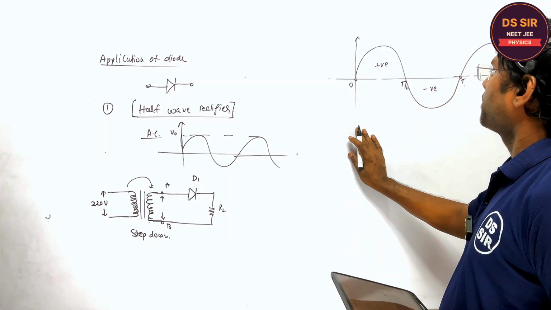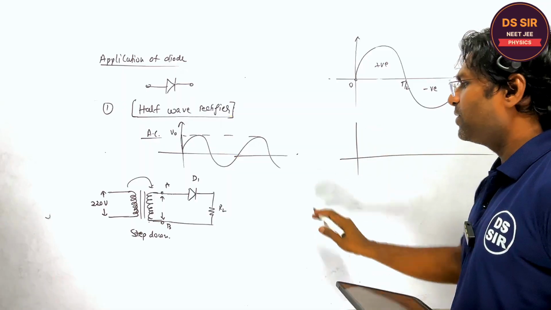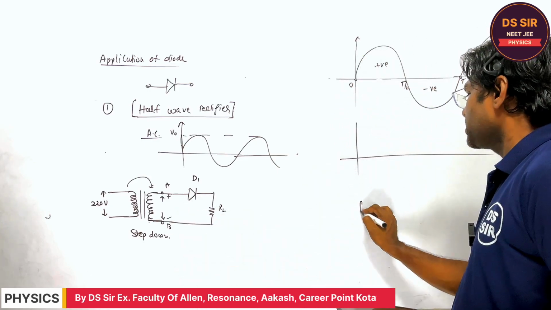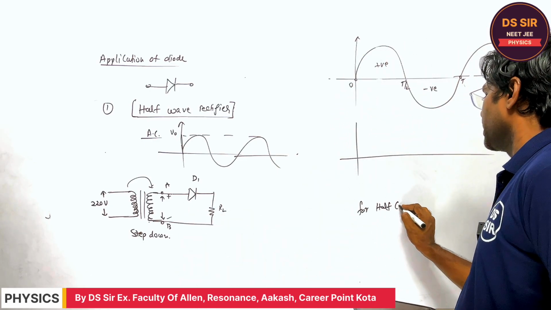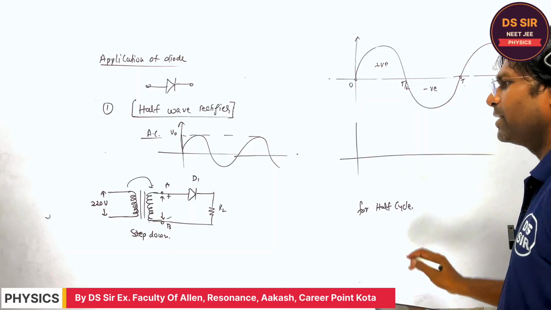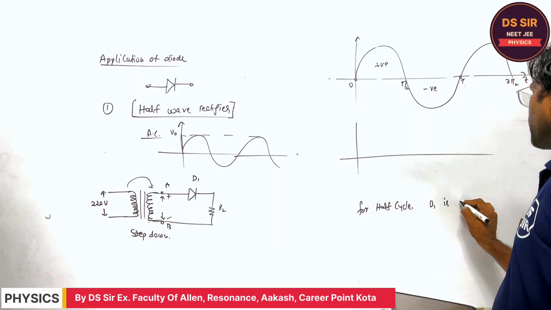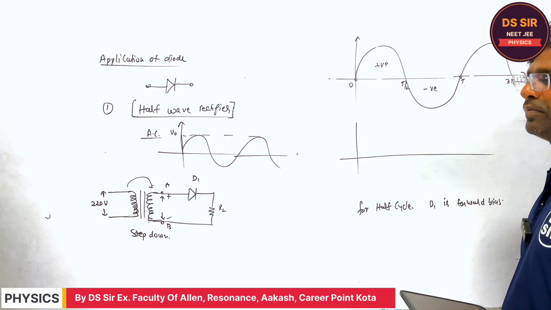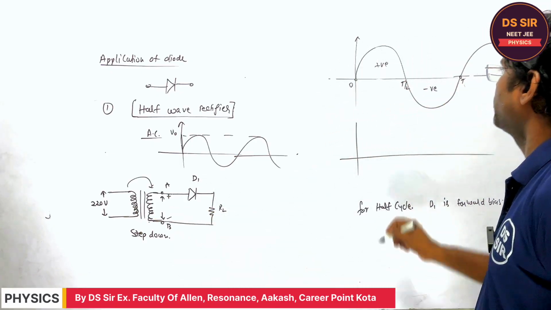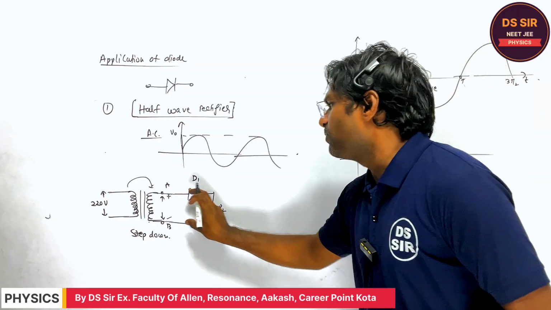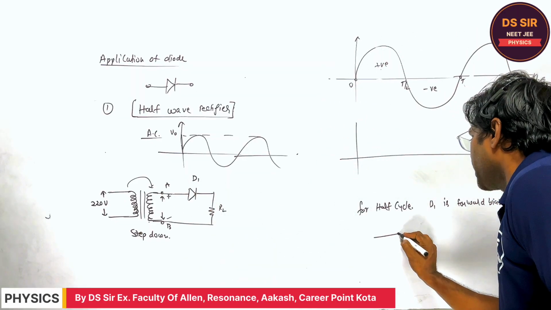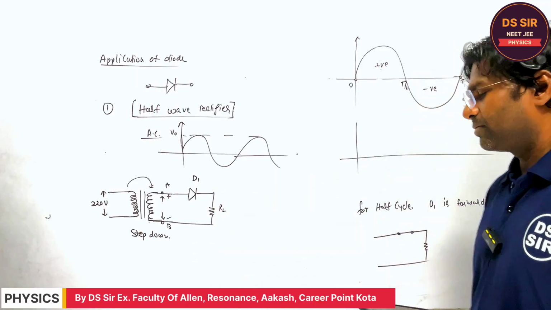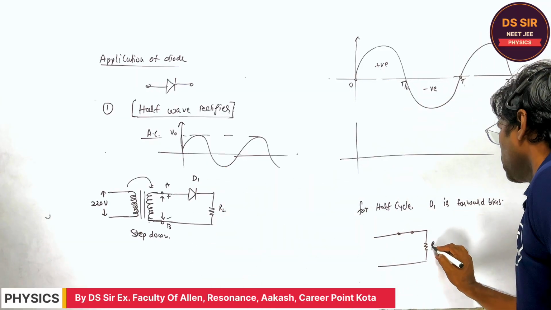Consider the first half cycle, when the upper terminal is positive and the lower is negative. For the first half cycle, D1 is forward biased. Do you understand or not? Why? Because it is positive on the anode side and negative on the other. In the forward bias, the diode acts as a wire, and this is the load resistance.